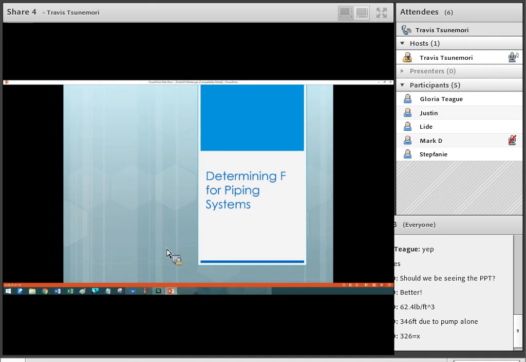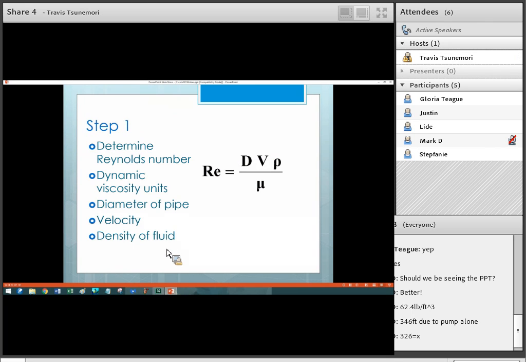We're going to determine loss for piping systems. And step 1 in determining the friction loss is to determine the Reynolds number. So the Reynolds number is dV rho over mu: the diameter of the pipe times the velocity of the fluid in the pipe times the density divided by dynamic viscosity.